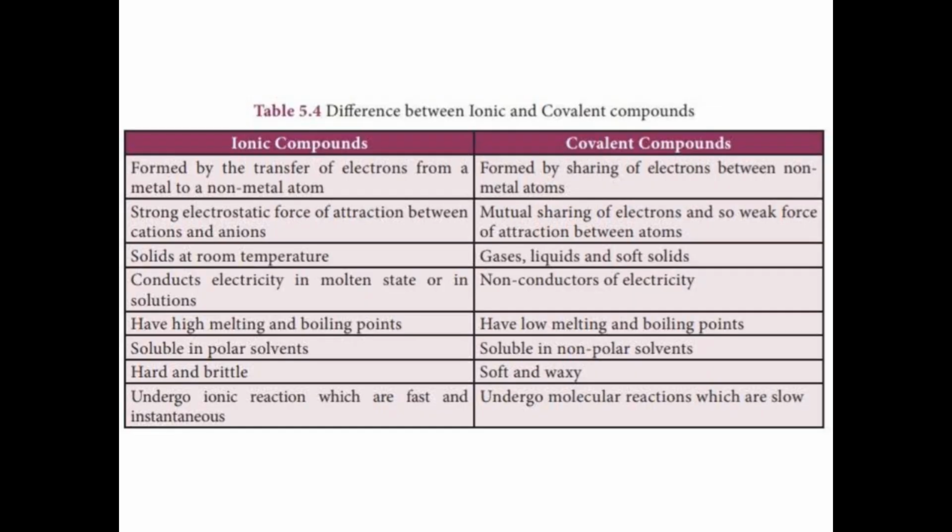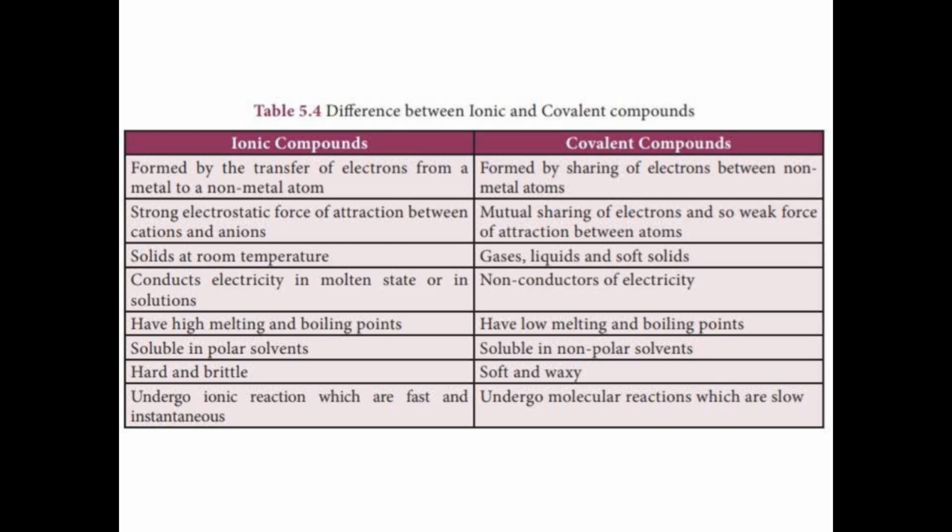So let's look at the various differences between ionic and covalent compounds. Of course, ionic compounds are compounds formed from ionic bond, while covalent compounds are compounds formed from covalent bonding. So what differentiates between them? In ionic, for instance, the compounds are formed by transfer of electron from metal to non-metal.